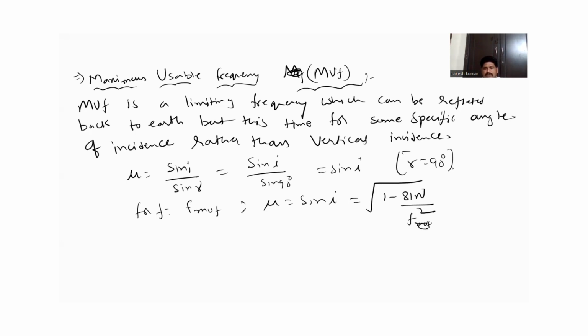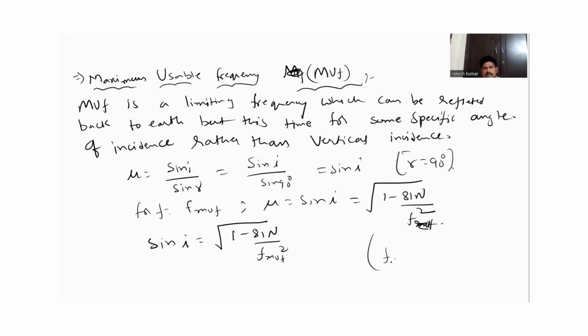Generally it is fc square by f naught whole square. So from this, sin i is equal to root of 1 minus 81 N by f naught square.